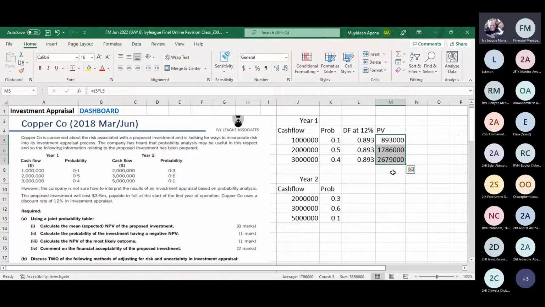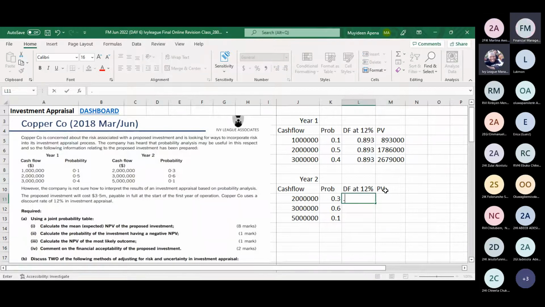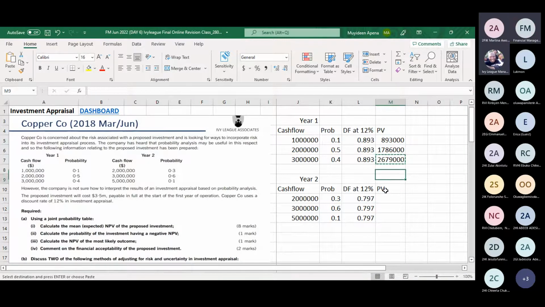So this is what happens in year 1. In year 2, what is the discount factor? 0.797. Apply this to all of the cash flows, and then we get present values. So these are the present values.